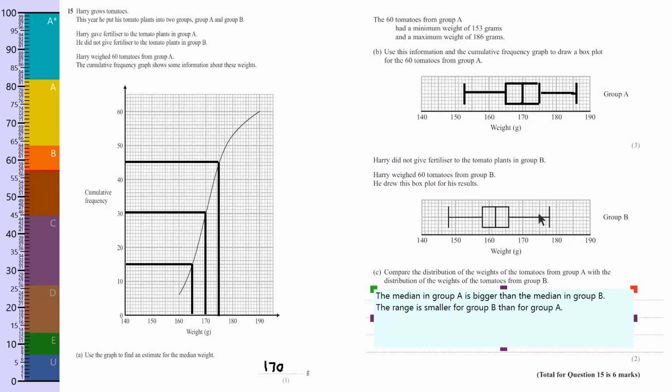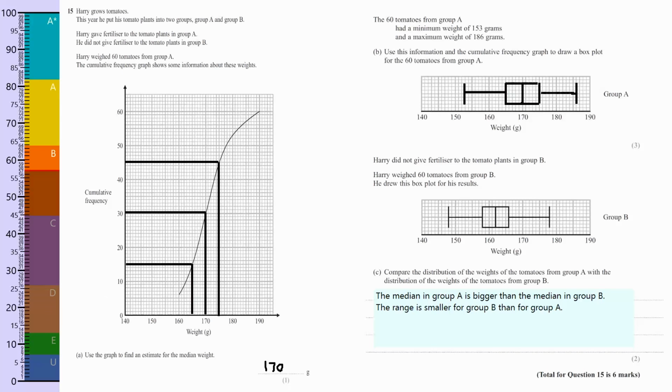The width of it is smaller in Group B than in Group A, and you can do the sums for it, but just by looking at it you can see that it's smaller in Group B. It's not massively smaller, but it is definitely smaller, and that's enough to get you the marks.